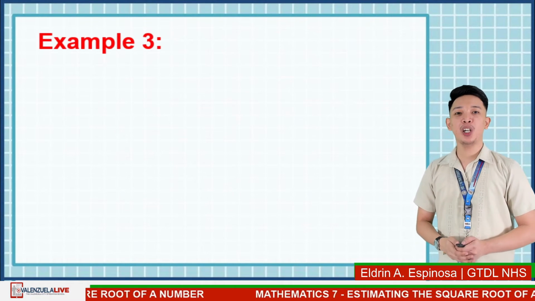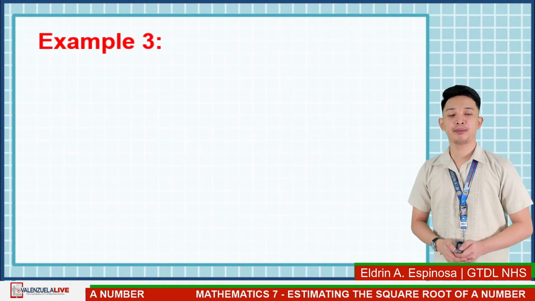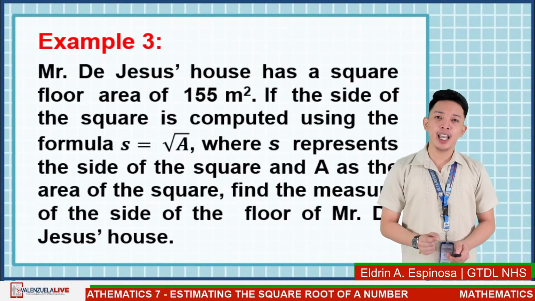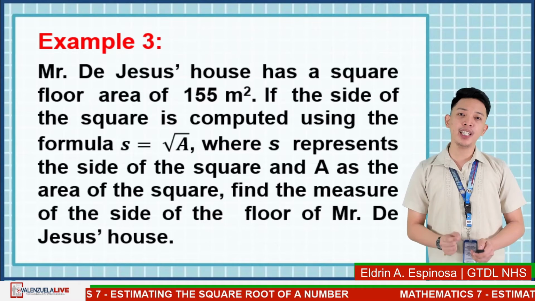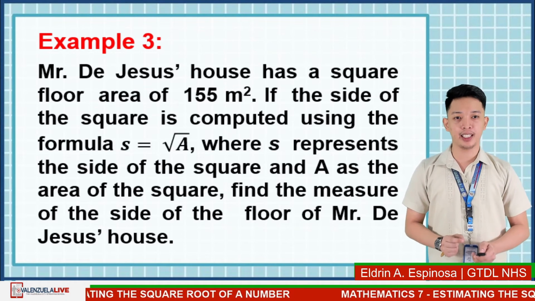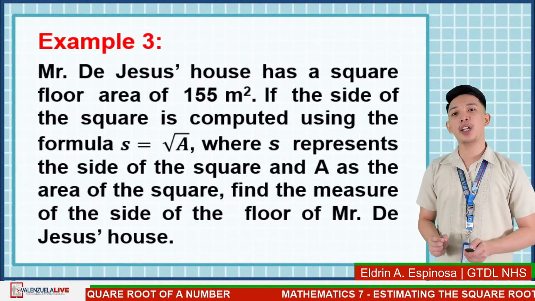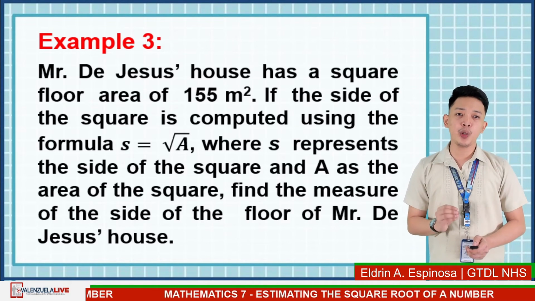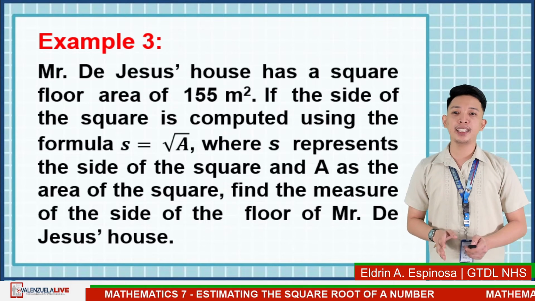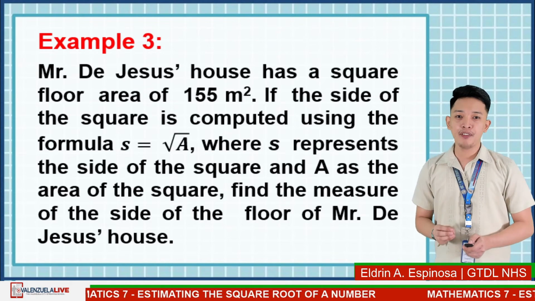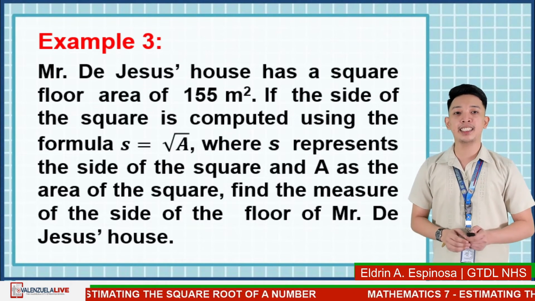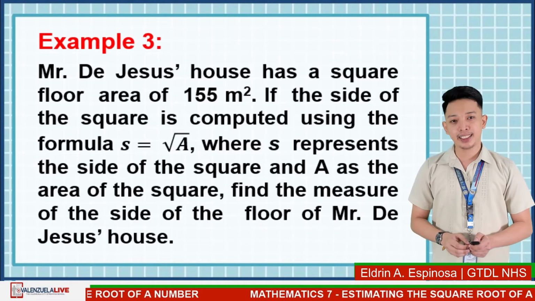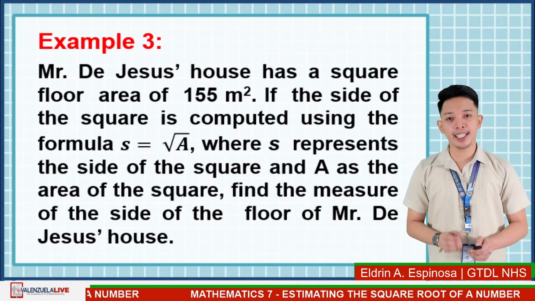Let us now proceed with the last example. Mr. De Jesus' house has a square floor area of 155 square meters. If the side of the square is computed using the formula S is equal to square root of A, where S represents the side of the square and A the area of the square, find the measure of the side of the floor of Mr. De Jesus' house.